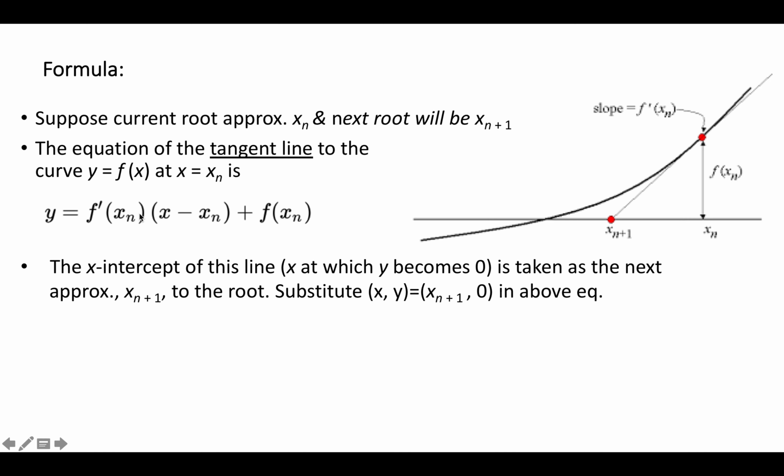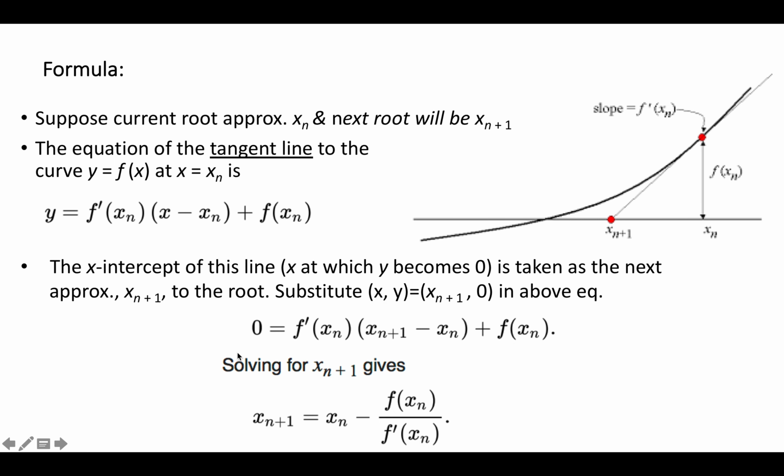Now next is the x-intercept of this equation. This is the equation of the tangent at point xn, f(xn). The x-intercept of this line is where y becomes 0. So substituting x equal to xn plus 1 and y equal to 0 in the above equation, on rearranging we get xn plus 1 equal to xn minus f of xn divided by f prime of xn.